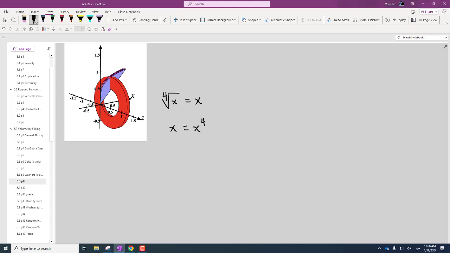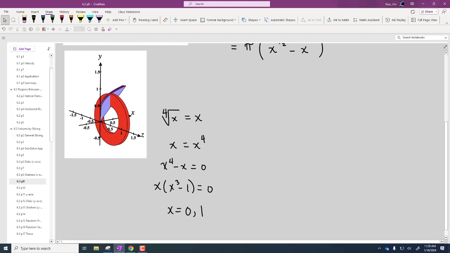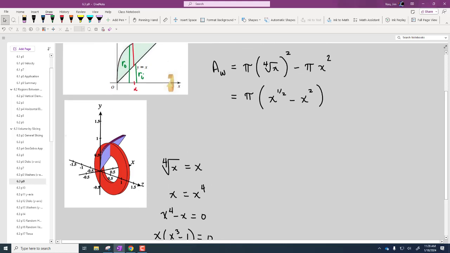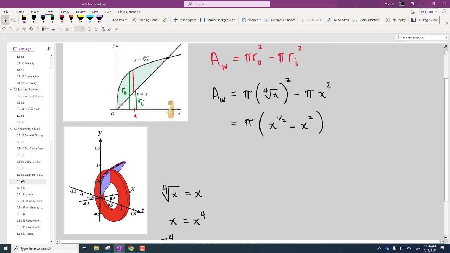So we put everything to one side and factor. So we'll have x to the 4th minus x equals 0. Factor out the x. Solve for x, and we get x equals 0 or 1. Make sure that process is down. Okay, so that endpoint over here is 1.